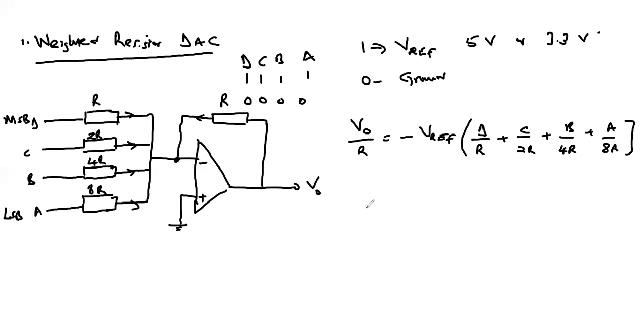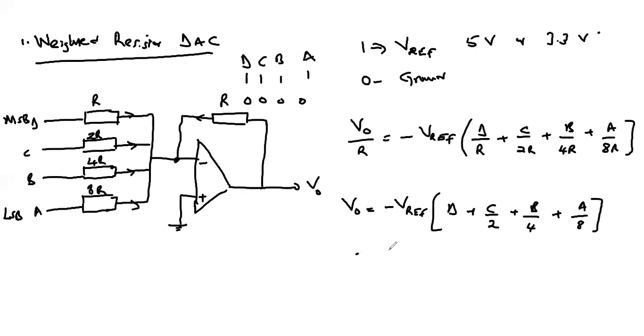If we multiply both sides by R, we notice then our output, V out, will be equal to negative reference voltage into D plus C over 2 plus B over 4 plus A over 8.